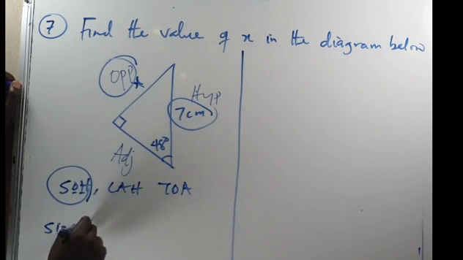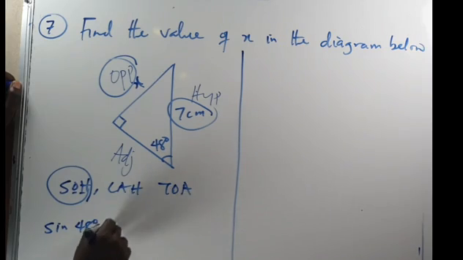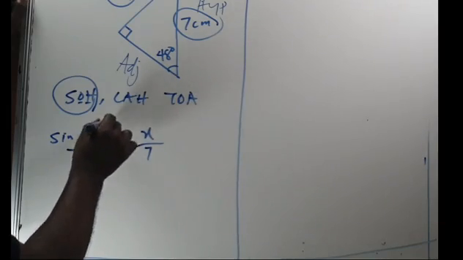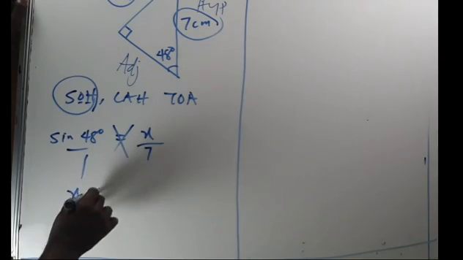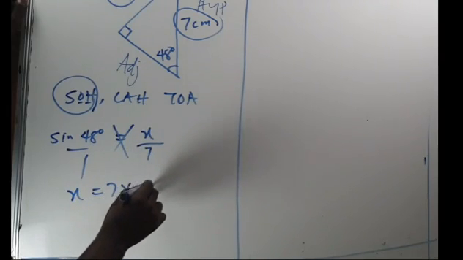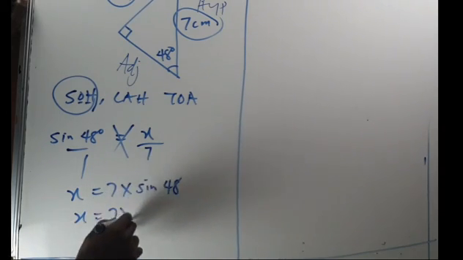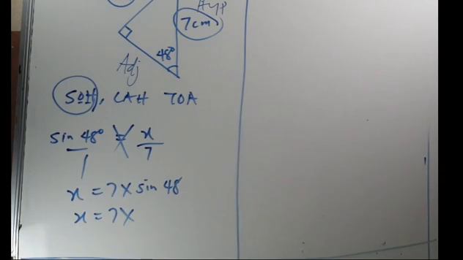Sine. So that is sine 48 degrees equals the opposite, which is x, divided by the hypotenuse, which is what? 7 centimeters. So from here we multiply both sides by 7. So that means x equals 7 times sine 48 degrees.